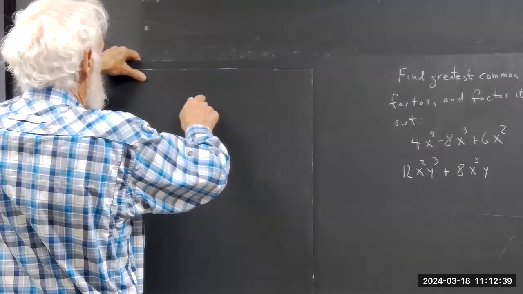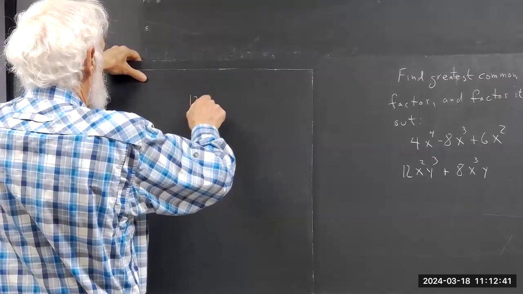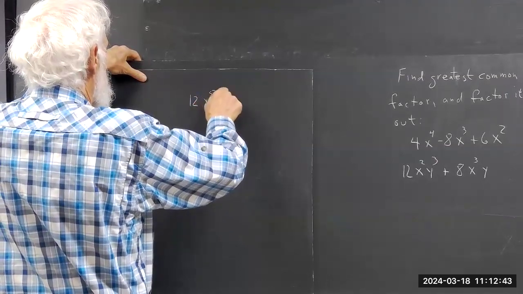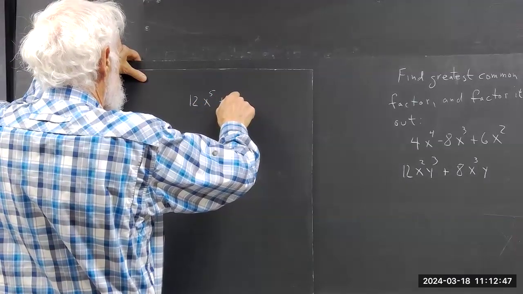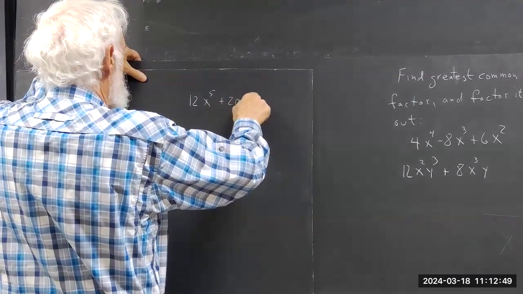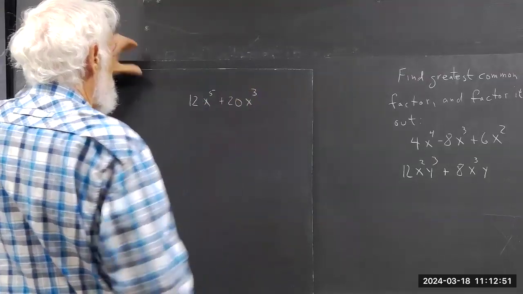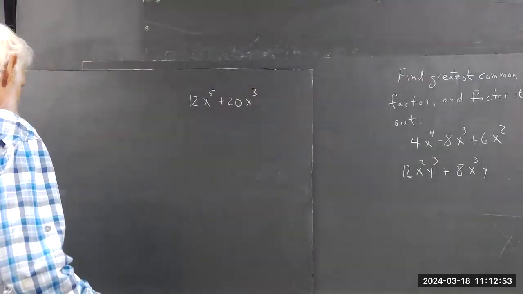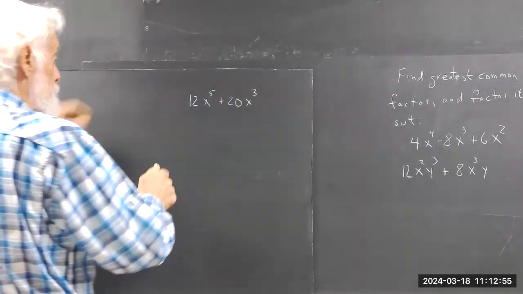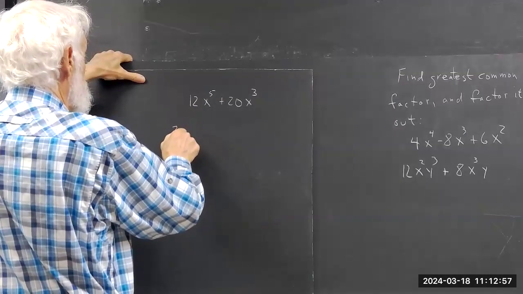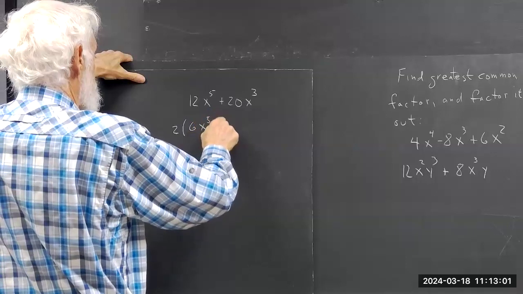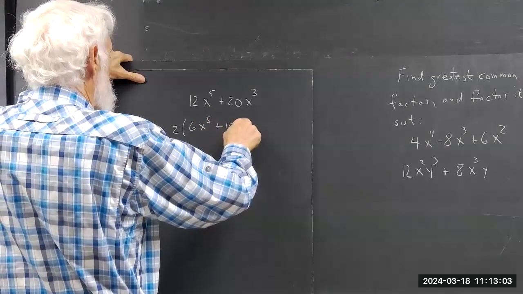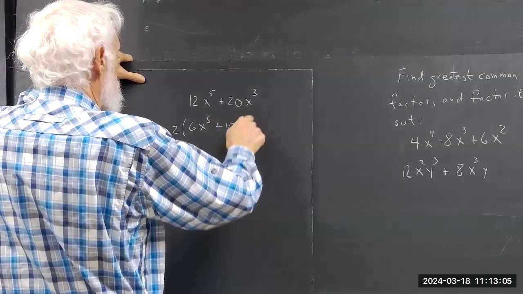So let's just take 12x to the fifth plus 20x cubed. Using the distributive law, I could write this as 2 multiplied by 6x to the fifth plus 10x cubed.